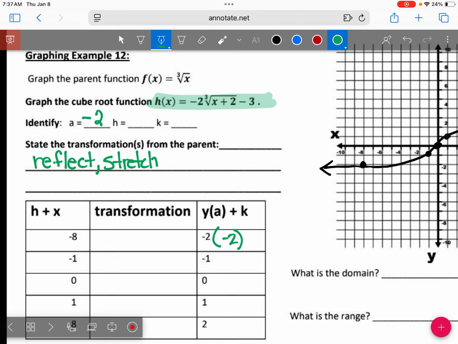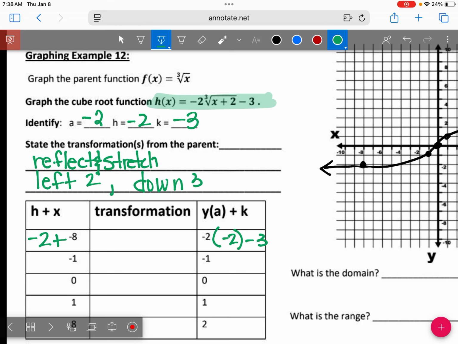Is H +2 or -2? -2. So what's that going to make our graph do? Left 2. So I'm adding that H to all of my X's. Lastly, what's K? And what's that going to make our graph do? Go down 3. Good job.